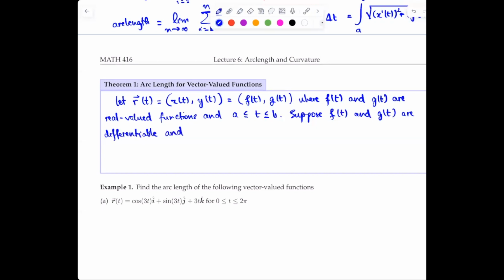And f prime of t and g prime of t are continuous.